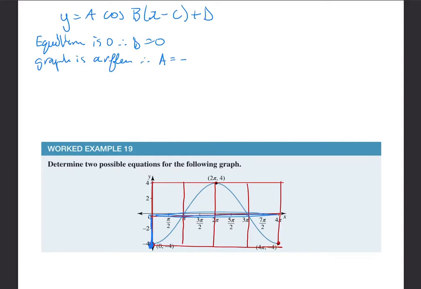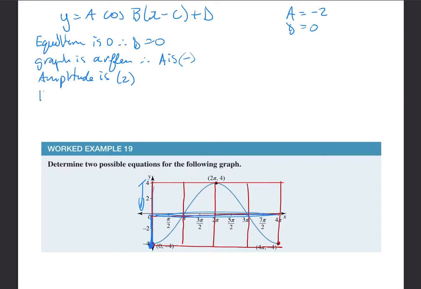No, sorry, A is negative. Amplitude is 2. So what do I have? A is negative 2, and I can see D equals 0. My graph is where it starts. So where this block of mine starts equals 0.